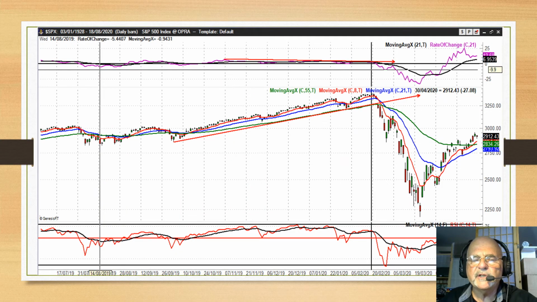Okay, we've switched to a daily chart now, which means each candle represents 1 day of price action. You can see the S&P rising into a high at the vertical line, and in this chart, the rate of change, or the ROC, is in the upper pane, and you can see that that is a downward line there.